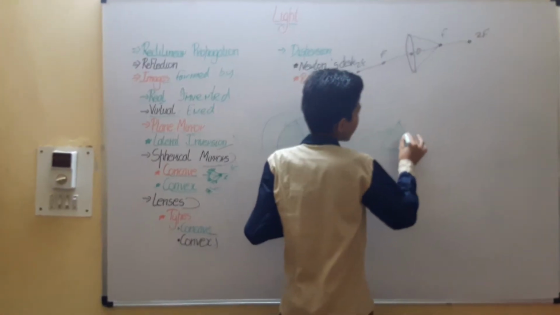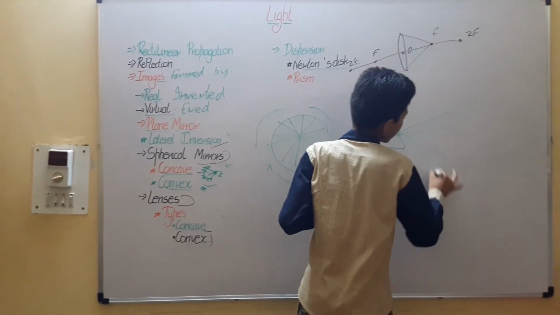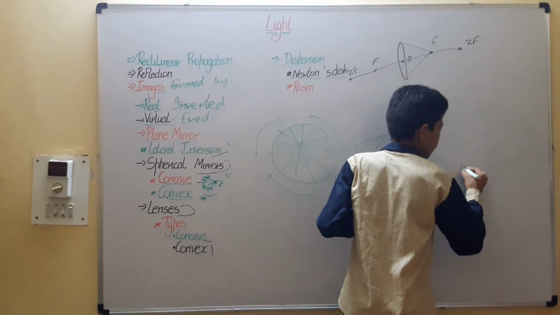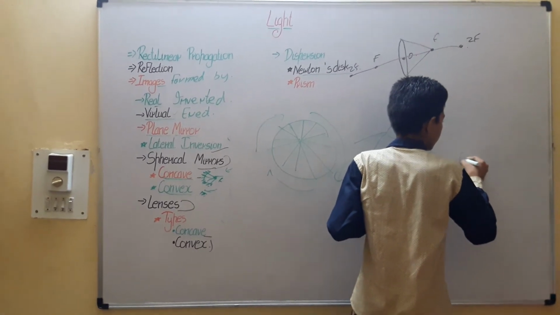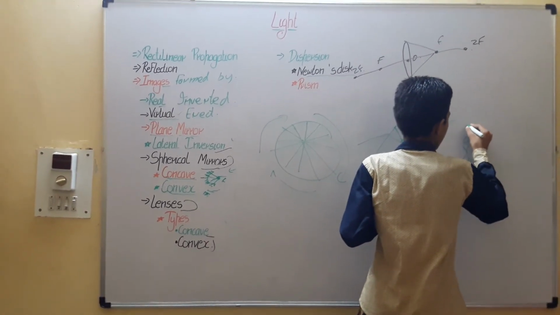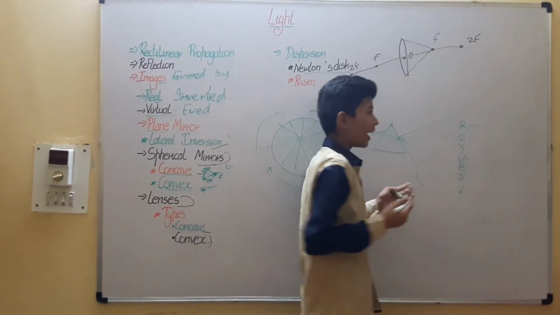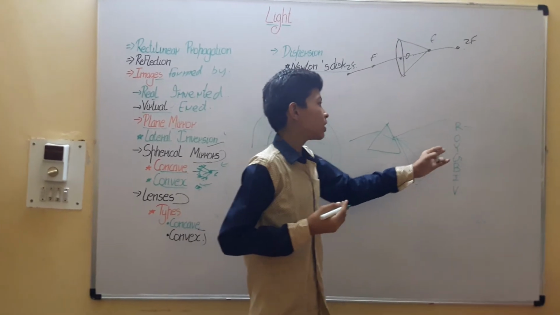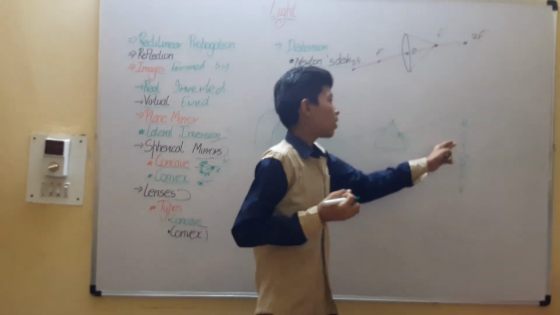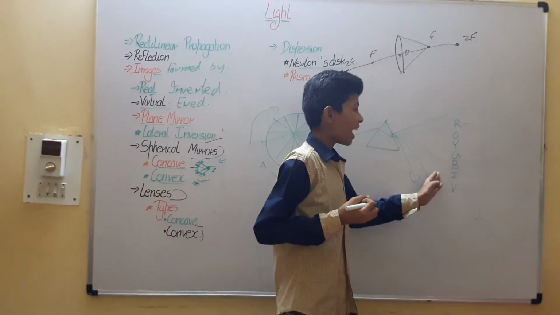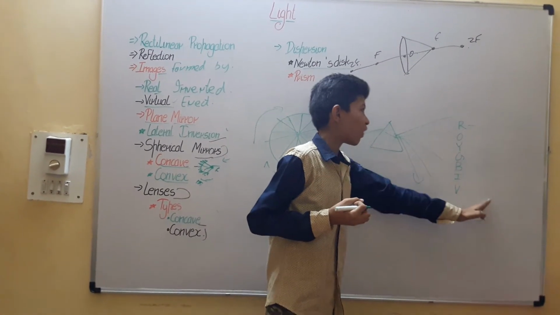When an incident ray comes, it divides into the rainbow colors, which is VIBGYOR, where R stands for red, O stands for orange, Y stands for yellow, G stands for green, B stands for blue, I stands for indigo, and V stands for violet.